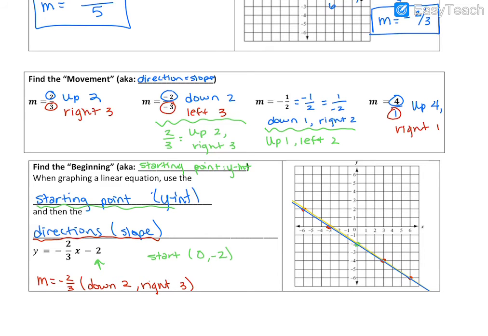We should probably put some arrows on the end of that line because it does continue forever in both of those directions. But there is the line for the equation y equals negative 2/3 x minus 2. Notice that the slope is going down as it goes to the right because it was a negative slope, and it's hitting the y-axis at that negative 2 mark because of that minus 2.